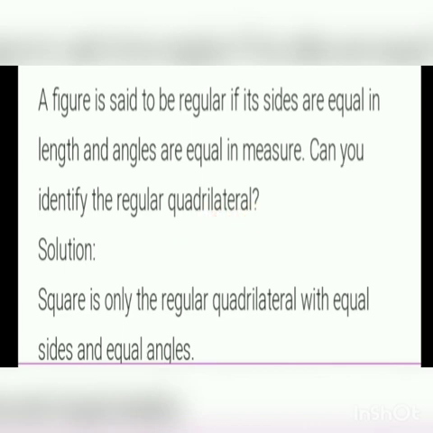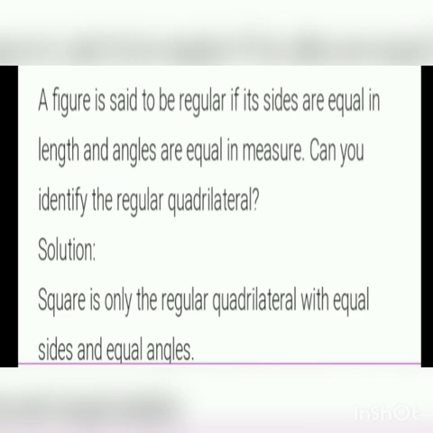You discussed some types of quadrilateral, isn't it? In that, which is the regular quadrilateral? When you get the word regular, in your mind there should be the definition of regular. Regular means what? A figure is said to be regular if sides are equal in length and angles are equal in measure. That means all the sides and all the angles are equal.